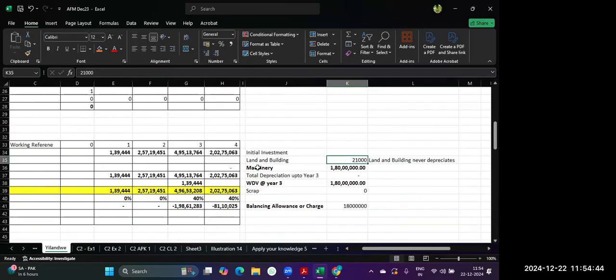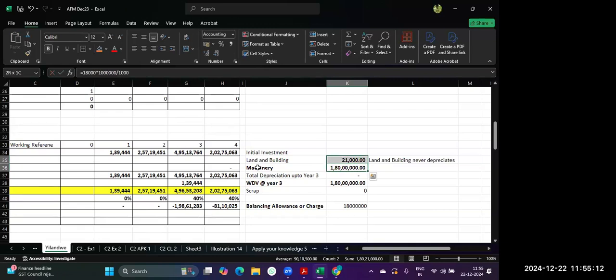Total investment for land it's 21 million. Then for machinery 18,000 million, right? Yes, sir. So what is your total investment?